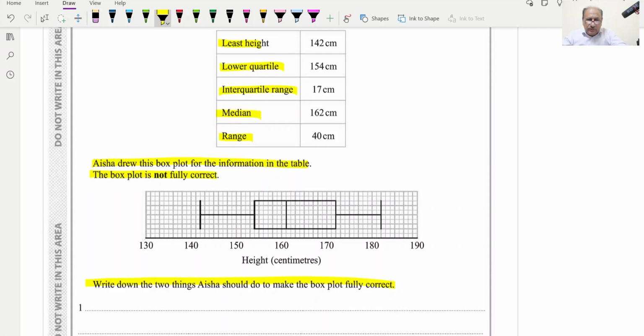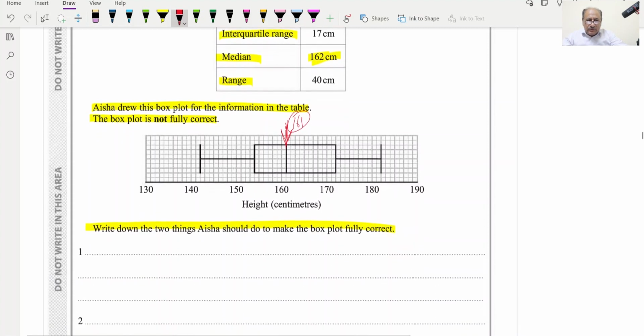So one thing is, first we can check the median. Median is 162, whereas in this box plot, if we check, the median is not at 162. This is at 161.